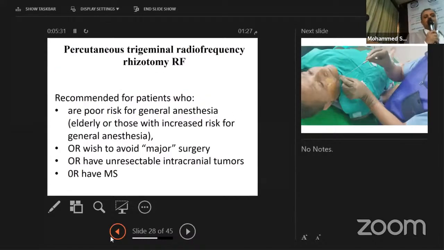Another option is percutaneous trigeminal radiofrequency. We recommend this procedure for patients who have poor general condition, who want to avoid surgery, who have an unresectable tumor, or who have multiple sclerosis.